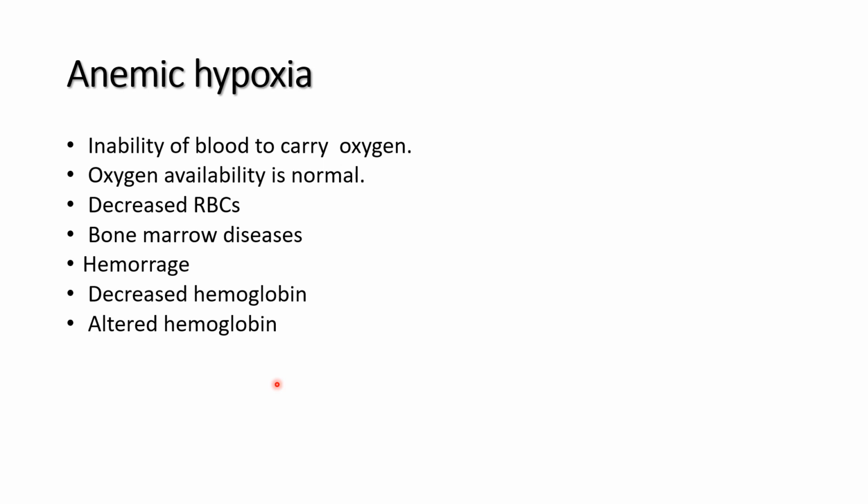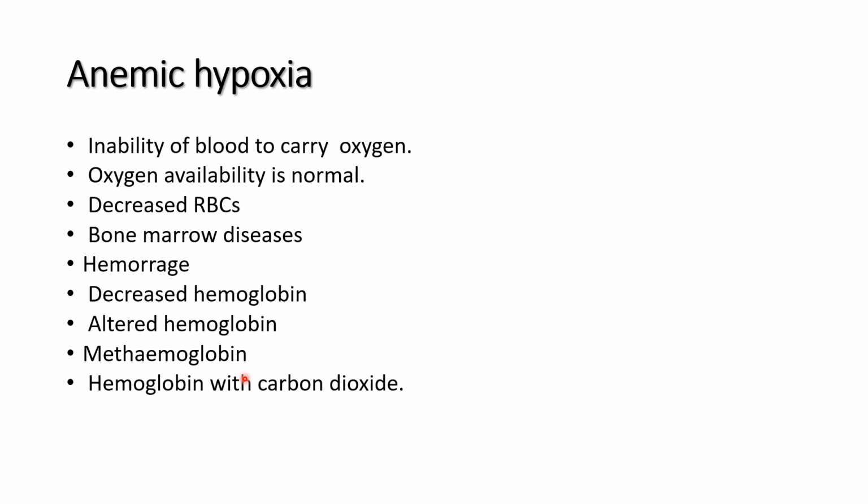It produces methemoglobin, which has less affinity with oxygen. The ferrous ion is converted to the ferric state, so it cannot bind with oxygen. So it also produces anemic hypoxia. And hemoglobin with carbon dioxide also produces anemic hypoxia.